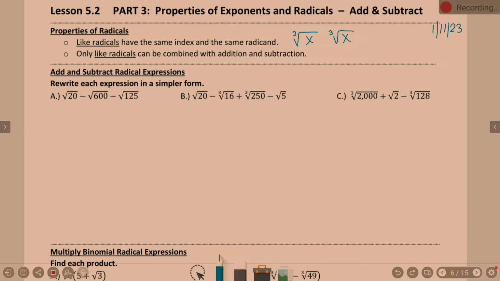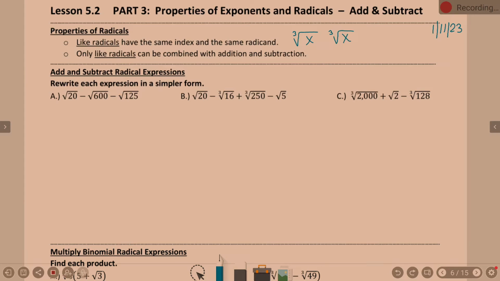Now, as we look at our first example, we're being asked to do square root of 20 minus square root of 600 minus square root of 125. Currently, can I subtract these 3?